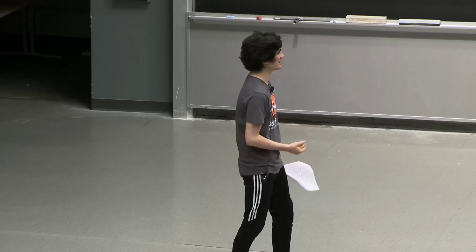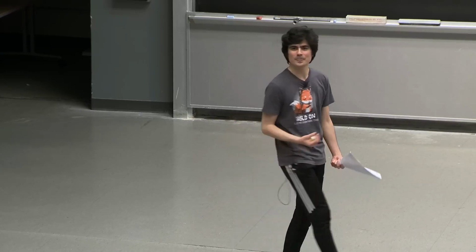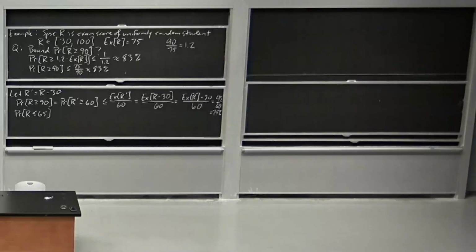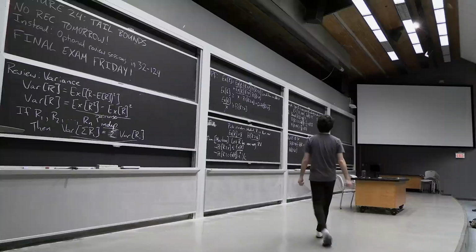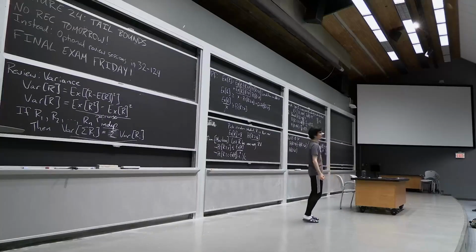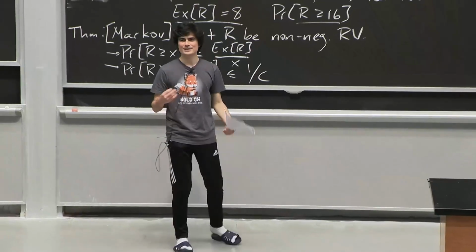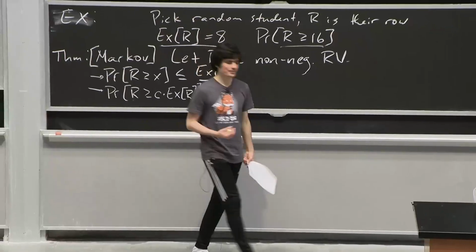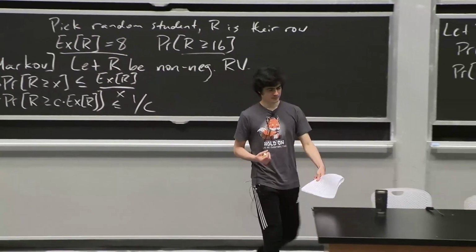It's a stronger bound. Smaller upper bounds are stronger upper bounds. So less than or equal to 75% implies less than or equal to 83%. So 75 is stronger.